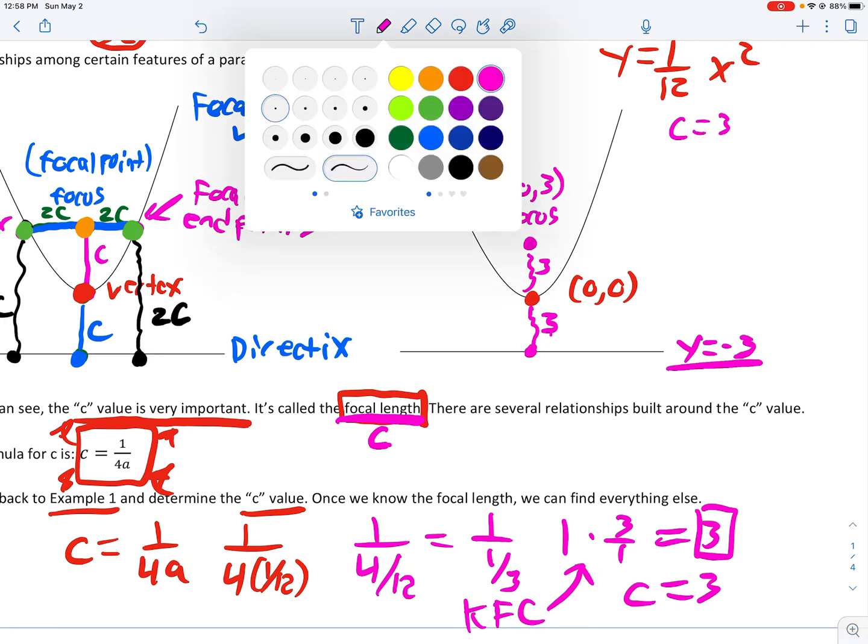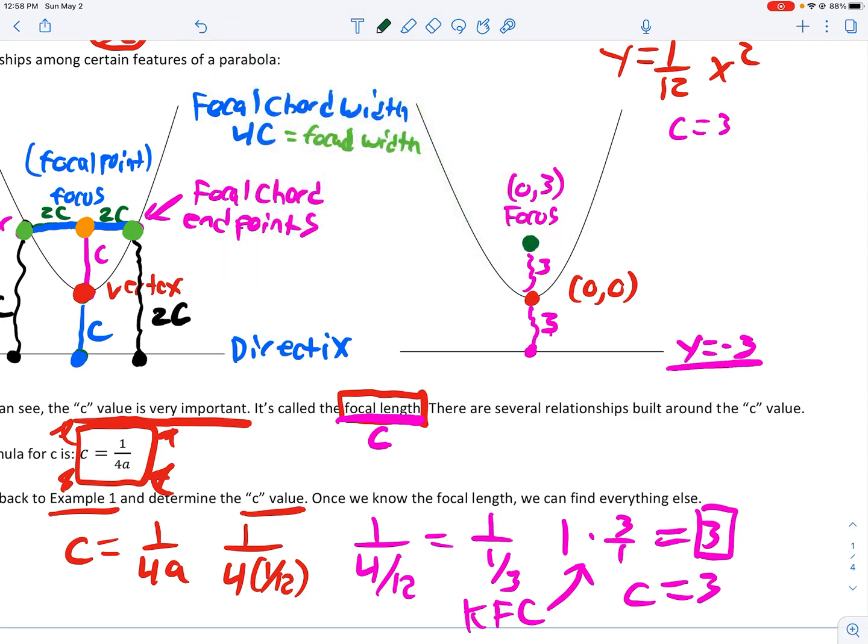Okay, so we know the focus is that green dot. If we go out to here and out to here, this distance is going to be 2c. In our case, twice as big would be 6. So if this point's at 0, 3 and you go out 6, that would be at 6, 3. And if you went left 6, this would be -6, 3. Those are what we call our focal chord endpoints.